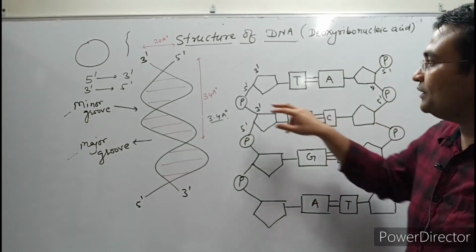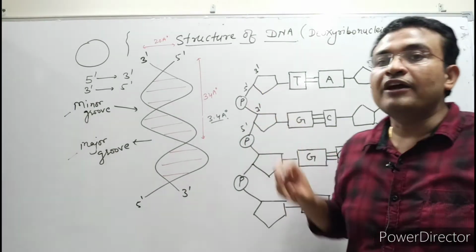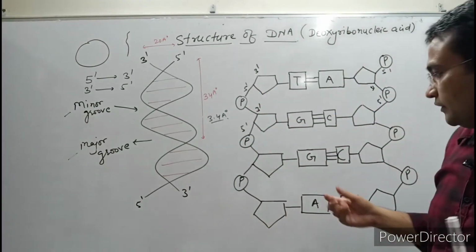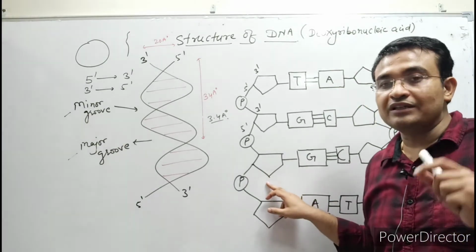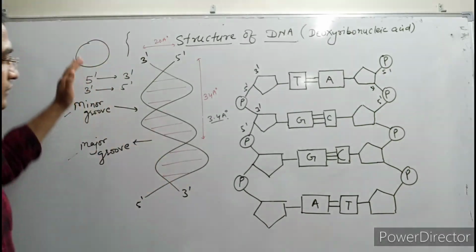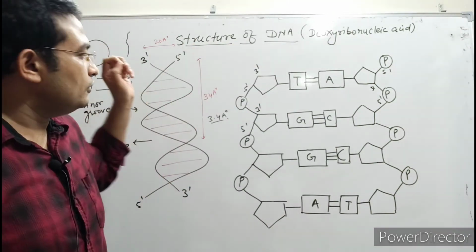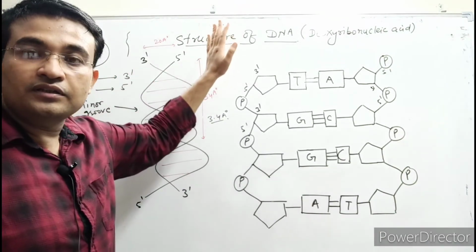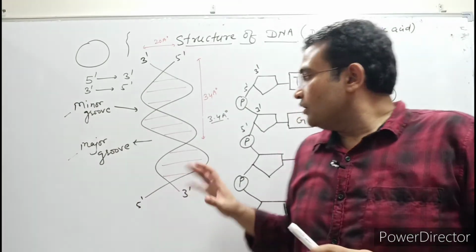If the phosphorus group is attached on the 5th carbon of pentose sugar, this is called the 5 prime end, and if the OH group is present on the 3rd carbon of pentose sugar, then it is called 3 prime end. So these base pairs are connected, or you can say the strands are anti-parallel to each other.